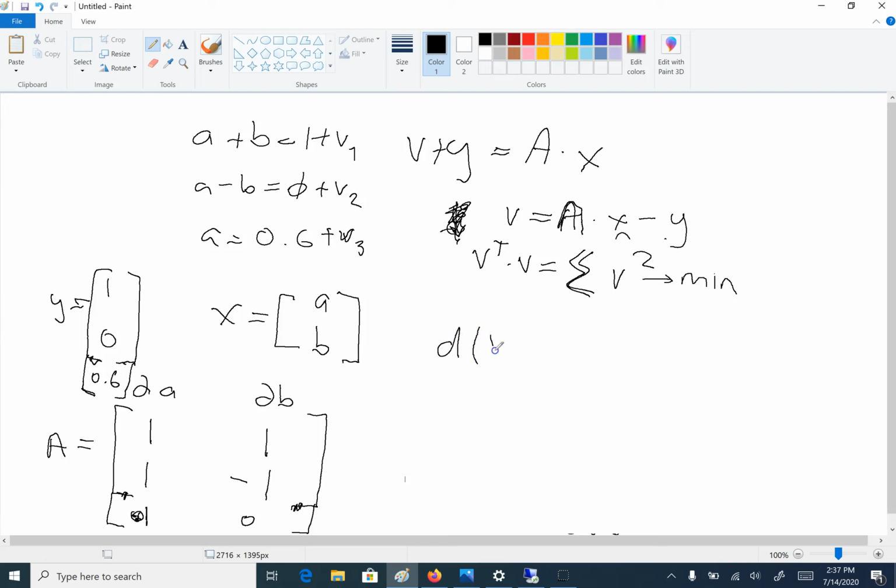The partial derivative of v transpose times v is equal to 2 times v transpose dv, and we want to minimize that. That is, we set that equal to 0.